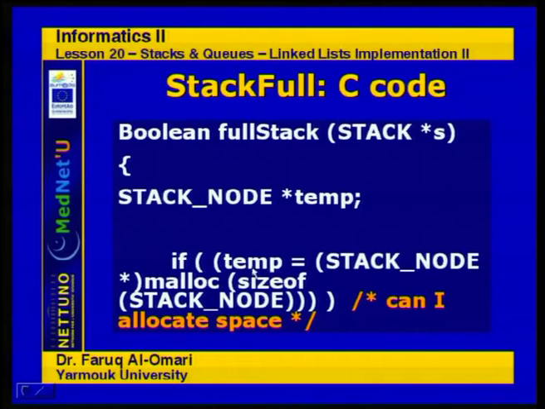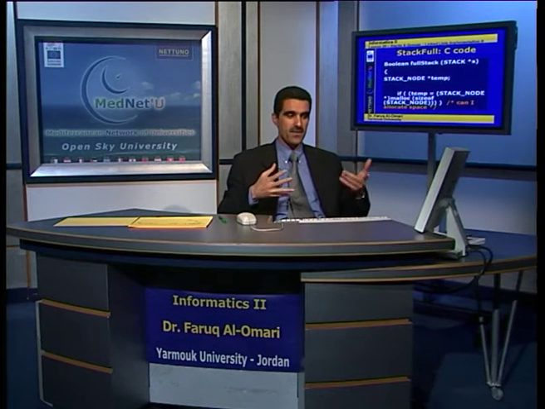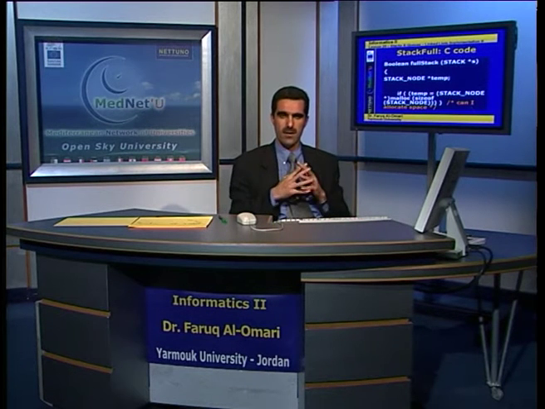So what I'm trying to say here is: allocate this much memory, the size of the stack node, and make temp point to it. Well, if the malloc succeeds in doing this, then the return value is going to be something other than null. If it fails, then the return value is going to be null.